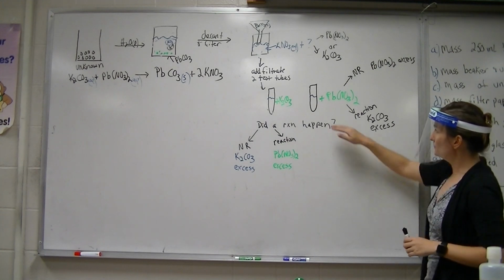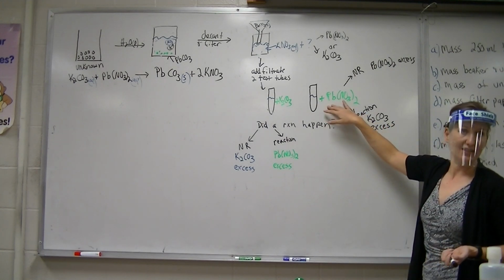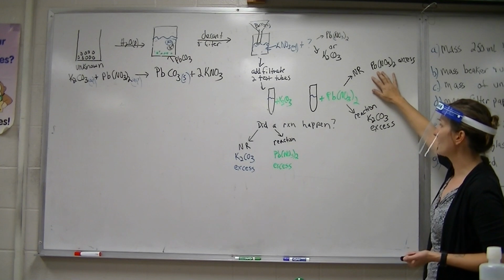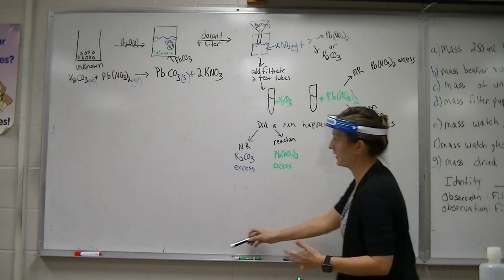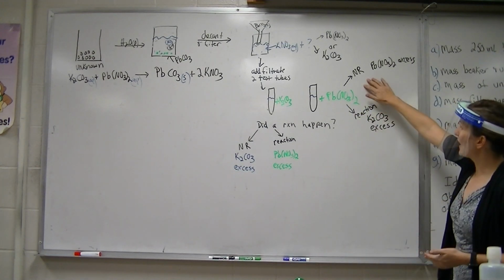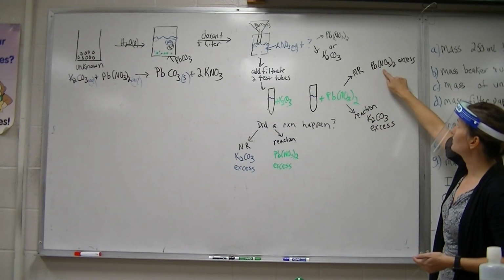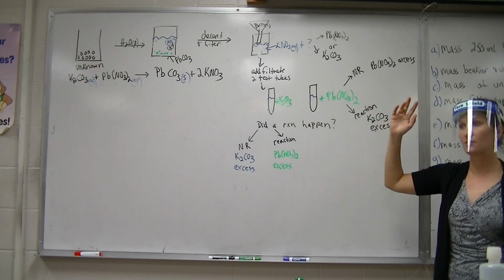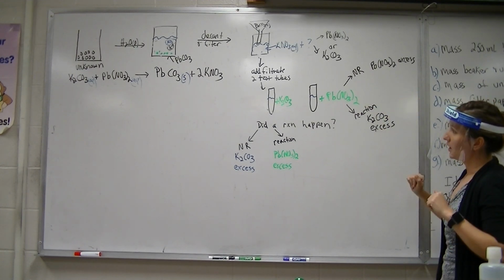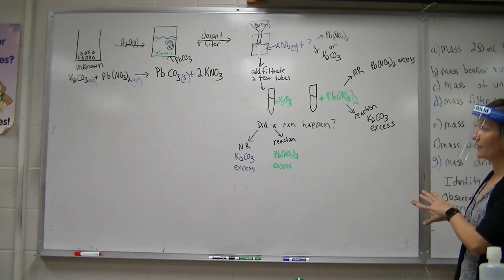So we're just double checking our results in that second test tube to make sure that we indeed got the correct one. And the same theory applies. If there's no reaction, it's because we're reacting lead-2 nitrate with lead-2 nitrate and nothing's happening. Okay?